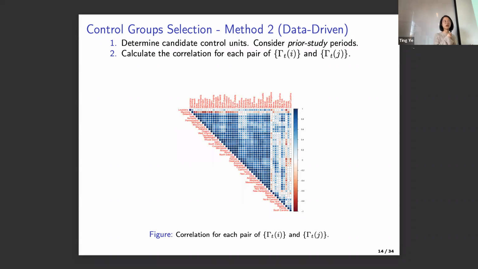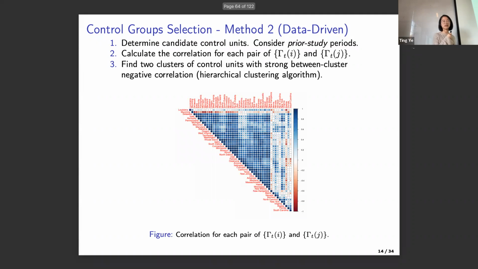Then we calculate the relative outcome for every candidate control unit, and you can apply your favorite hierarchical clustering algorithm to find two clusters of the control units that have strong negative correlation. In this case, we can use them as the two control groups.